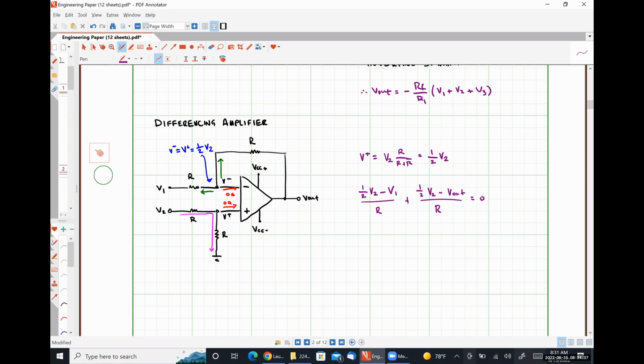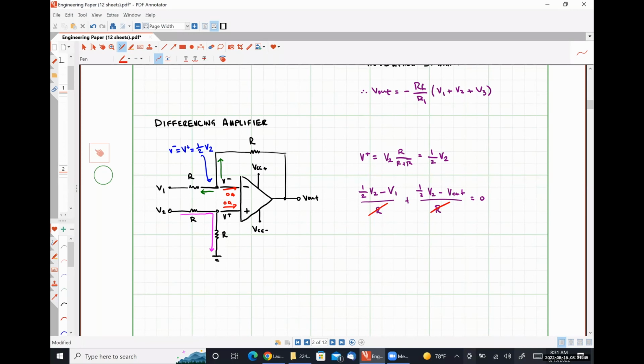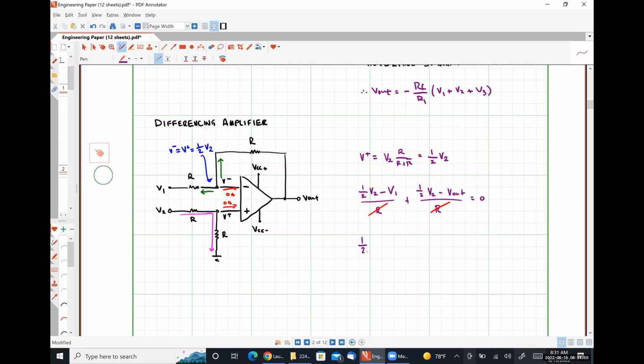What I'm going to do now is just multiply both sides of our equation through by R, effectively canceling out this denominator and leaving me with 1/2 V2 minus V1 plus 1/2 V2 minus V out is equal to 0. And now I'm simply going to move V out to one side of the equal sign and group like terms together, which gives me V out is equal to V2 minus V1.